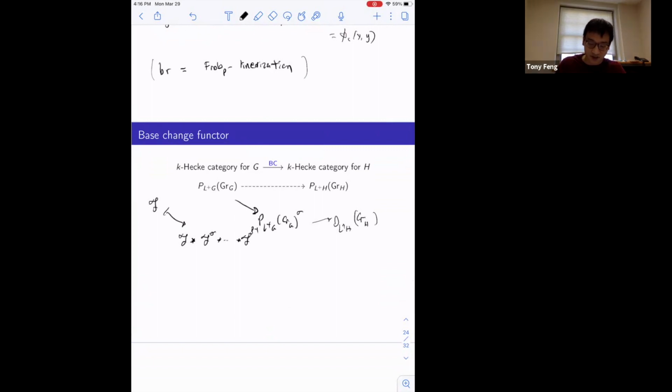We need to quotient out by the things which are sheaf-theoretic analogs of averages over orbits, and those are the perfect complexes. And what do I mean by perfect complex?